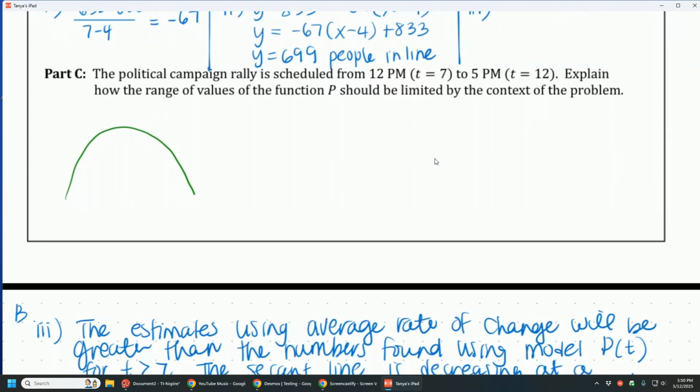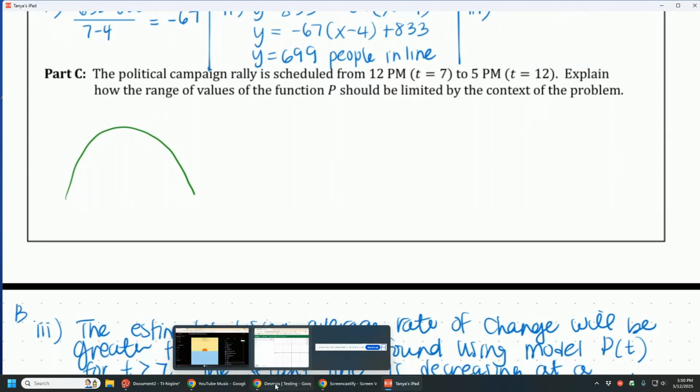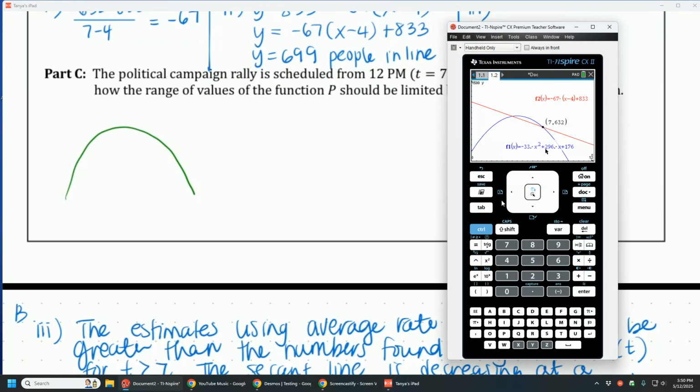So let's pull up our graph, and I'm going to erase this for now. Okay, so at T equals 0, which is basically X equals 0, that's the y-intercept.